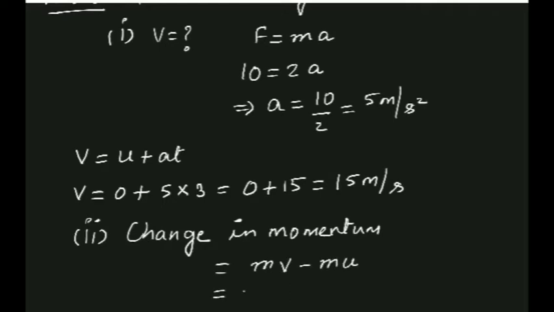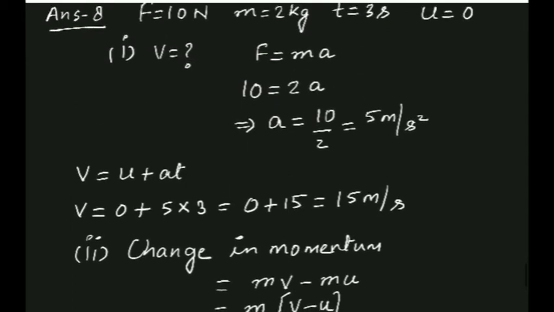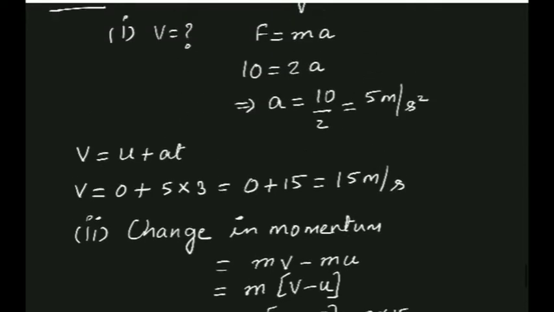So m is coming common, so v minus u. Now put the values. M equals to, what was m? 2 kg. So 2, v is 15, u is 0, so is coming 2 into 15, or you can write 30 kilogram meter per second. So question number 8 is solved now.